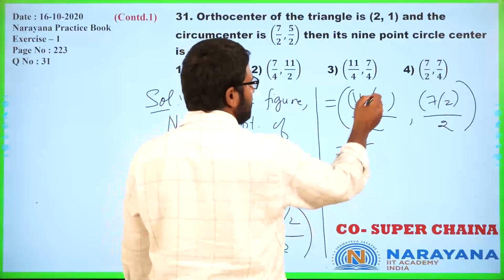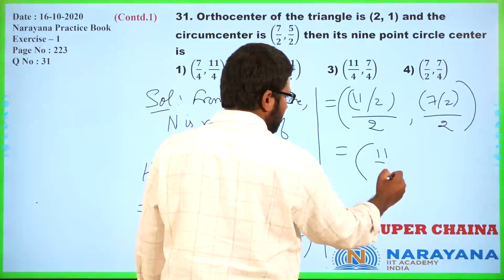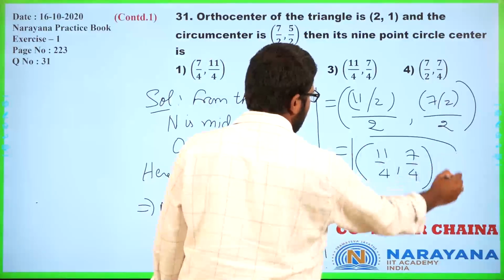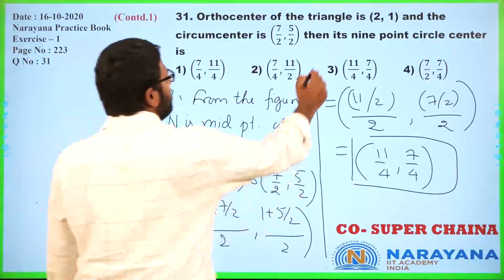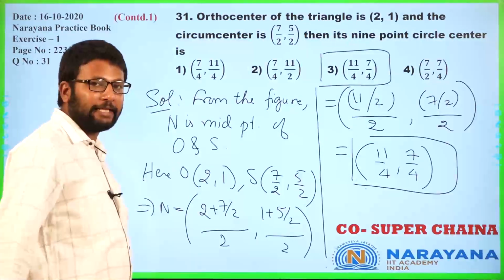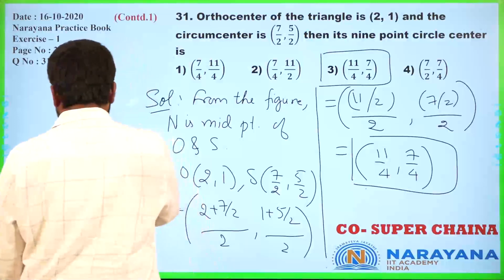How much is that? This 2 will come down, 11/4, and this 2 comes down, 7/4, right? 11/4 and 7/4. Okay, so you will need to remember that diagram. All right? Okay, let us proceed then.